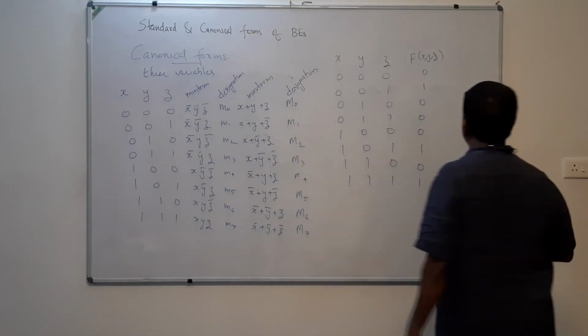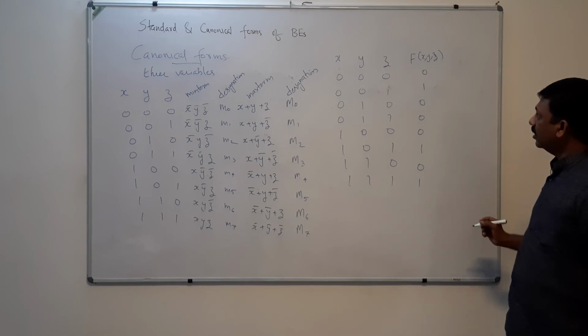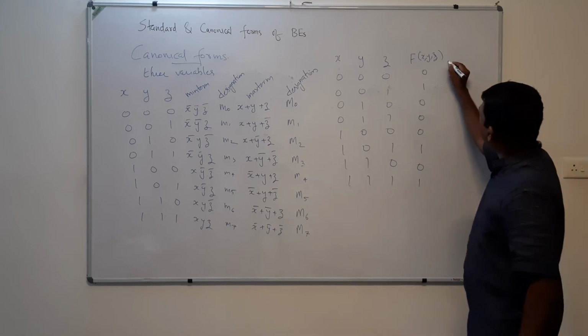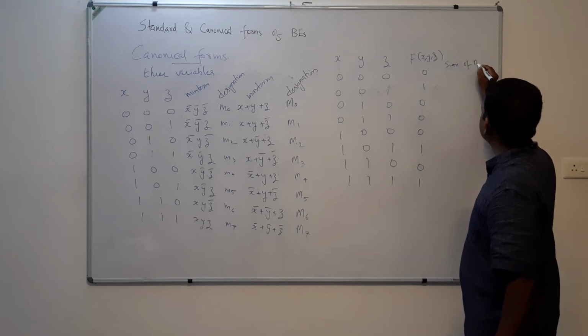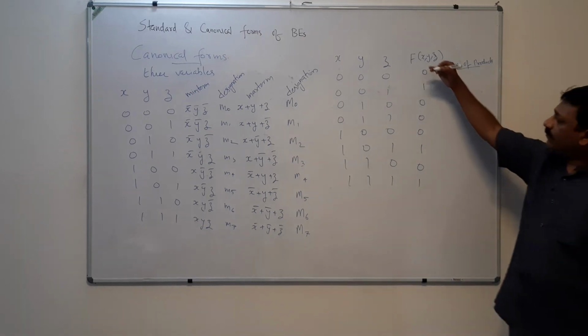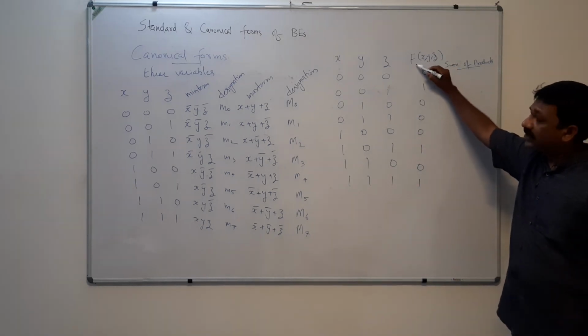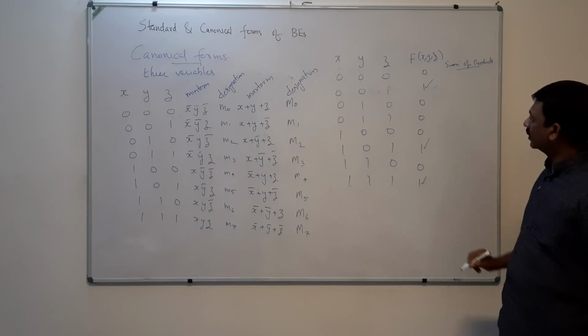Here these are the different combinations. Now I am going to design the sum of products form. See, in this function you have one here and one here.